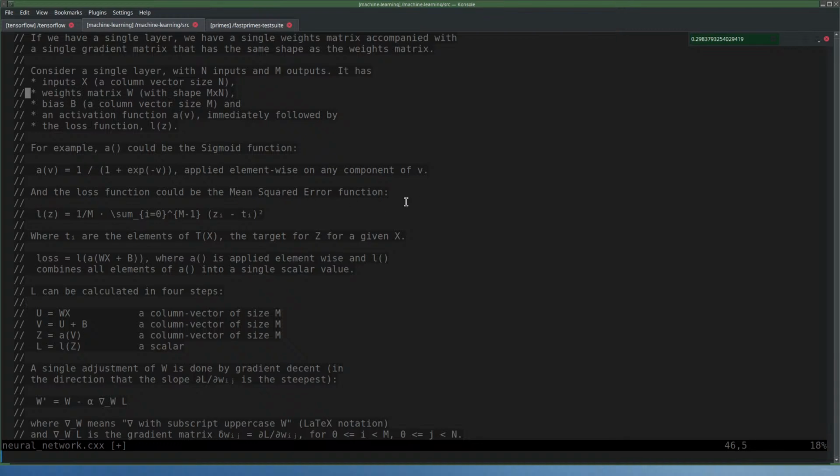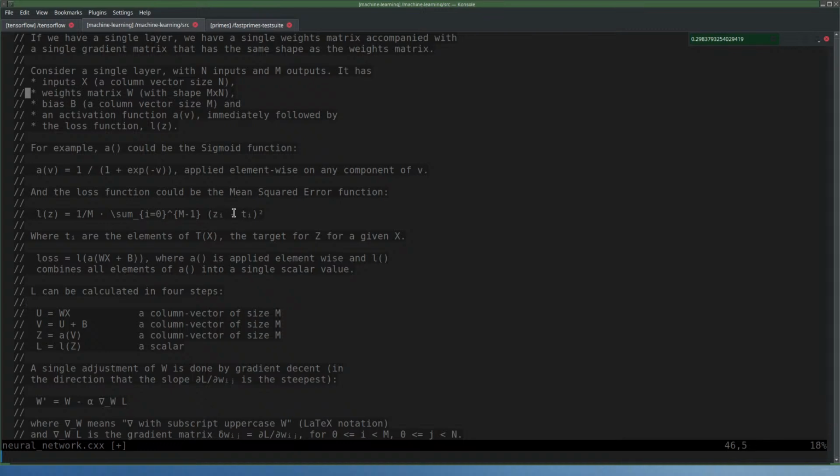And loss function, well, many loss functions also, but we work with this one. It's defined as 1 over m, it's the number of outputs. And then we run over, i runs over all the outputs, and we just take the difference.